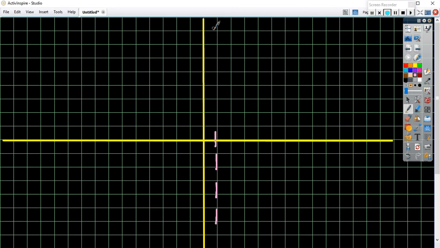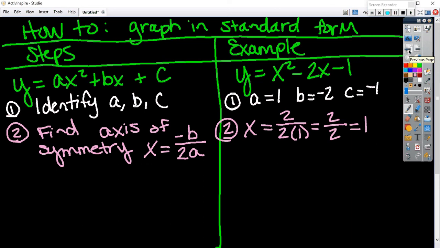Now what happens on the axis of symmetry? What special point is on the axis of symmetry? The vertex, okay? All right. So the next thing I'm going to do is find out where on that axis of symmetry that vertex is.